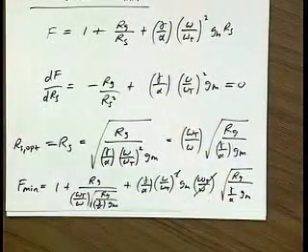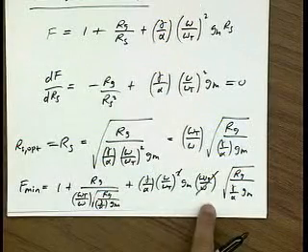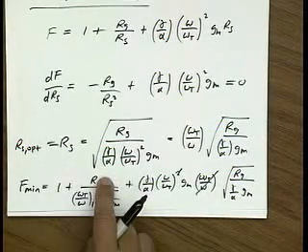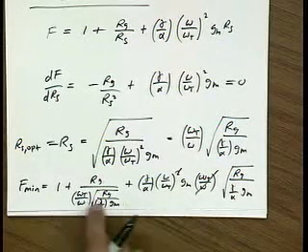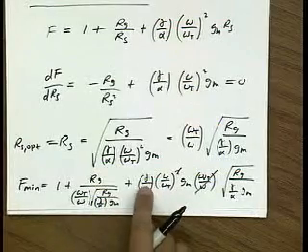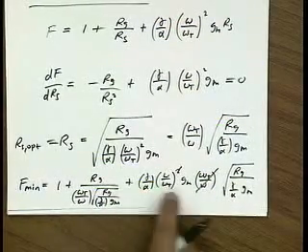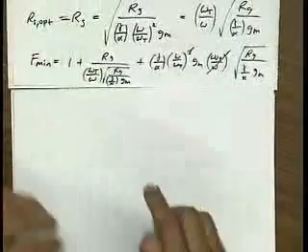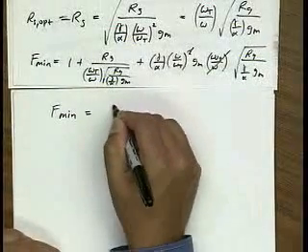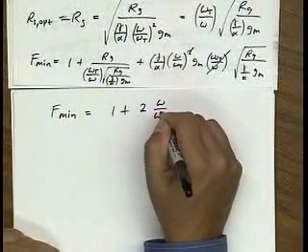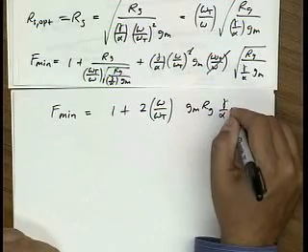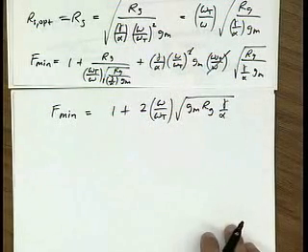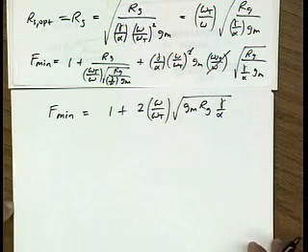And if you stare at this expression for a while, you realize that these two terms are actually equal. This is RG divided by this term. I'm dividing here. This is equal to this. This divided by square root brings the square root on top. So you do a little bit of algebra, and you'll see that F min is simply 1 plus 2 times omega over omega t, GM RG gamma over alpha, square root. Okay? So this is a very important equation.